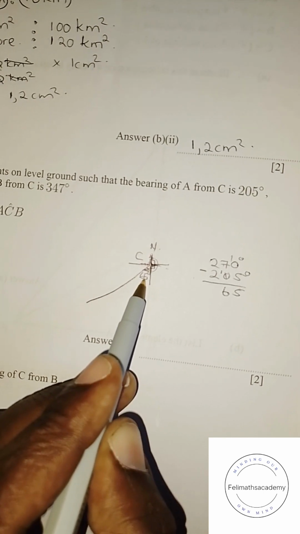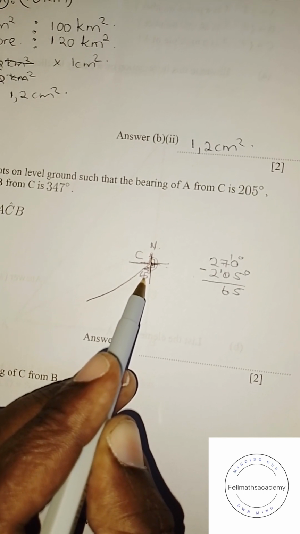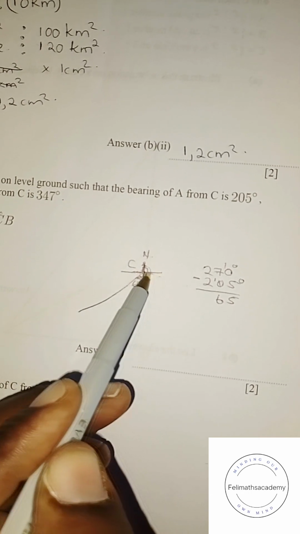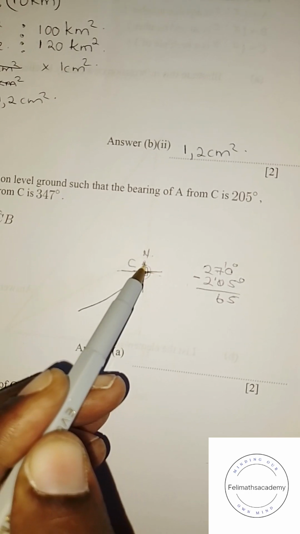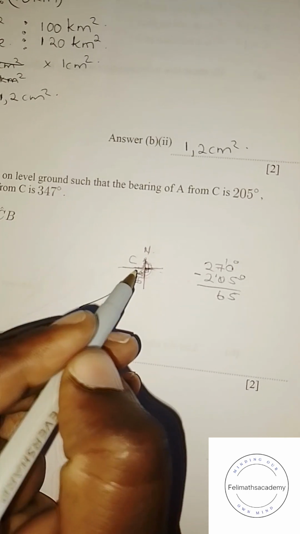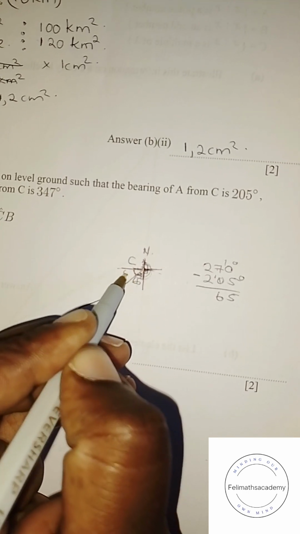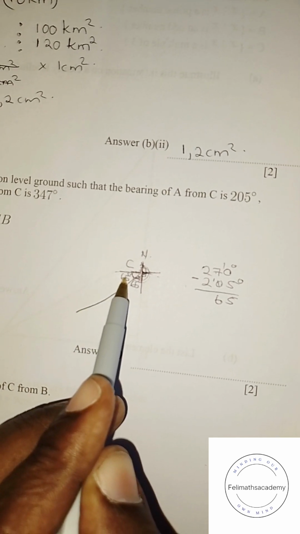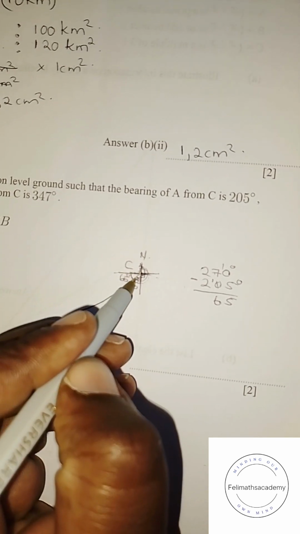We said 270 degrees minus 205, we get 65. So this angle is 65 degrees. If this angle is 65 degrees, we want to find this part.